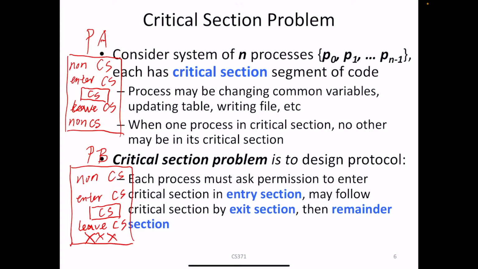In the exit section, the process informs other processes that want to share the same data that the next process can access its critical section, and then continues to execute the remainder non-critical sections.